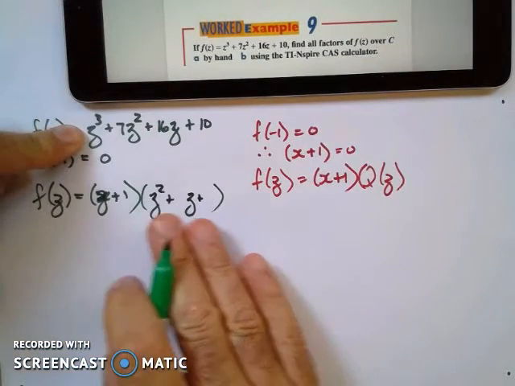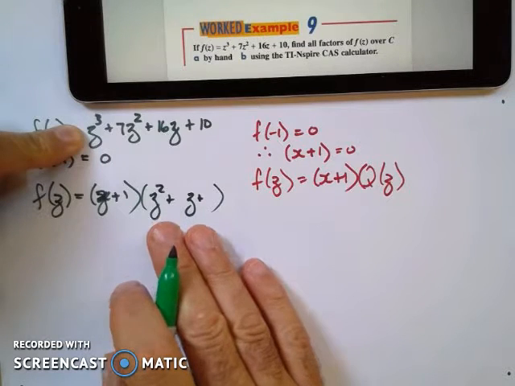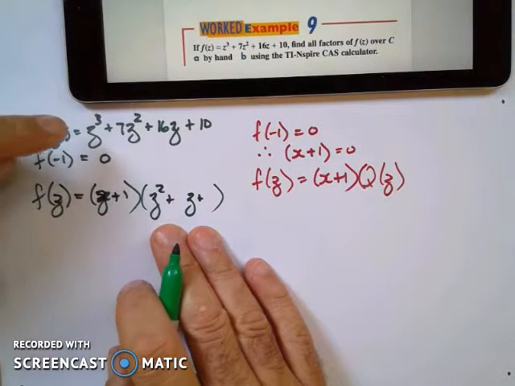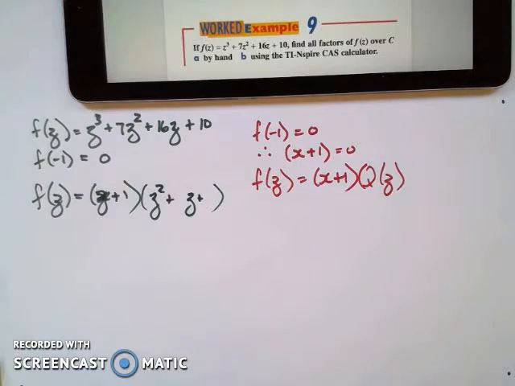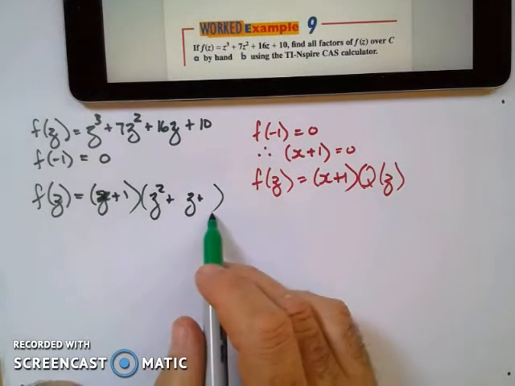If that's a cubic function, this is a quadratic equation. If that is to the power 4, a quartic, then this will be cubic. I just have to find out what the other values are.